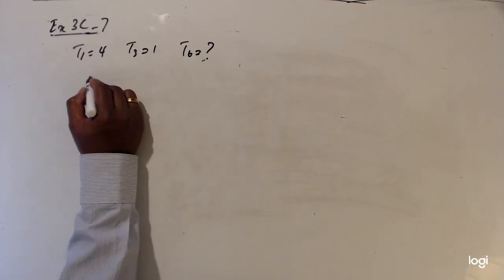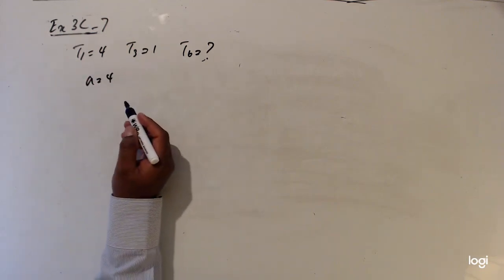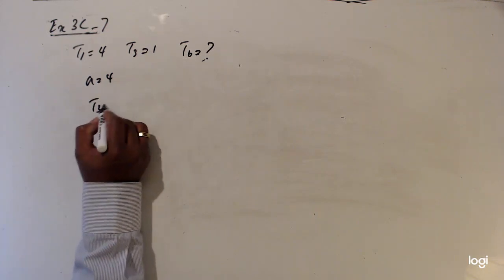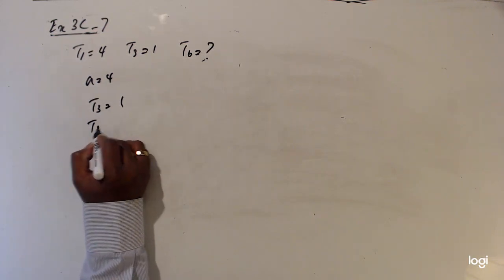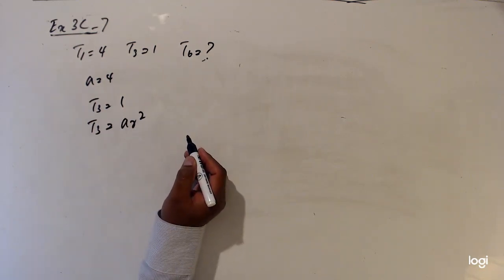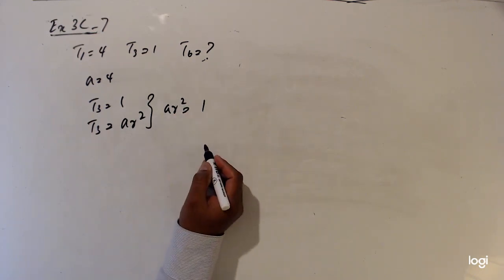The first term A equals 4 already. We have that. First term is 4, and the third term T3 equals 1. The third term we can also write as AR^2. So we can conclude AR^2 equals 1.